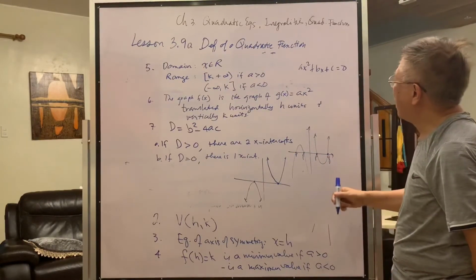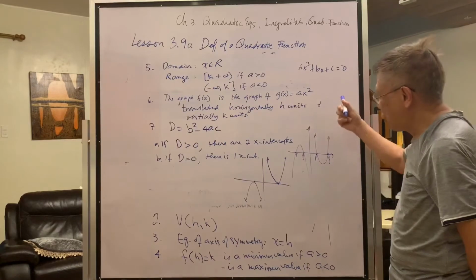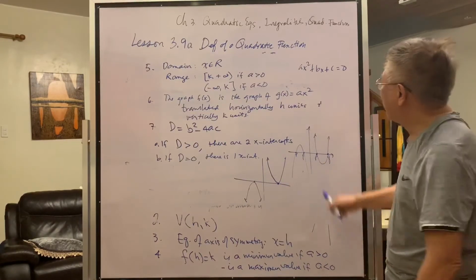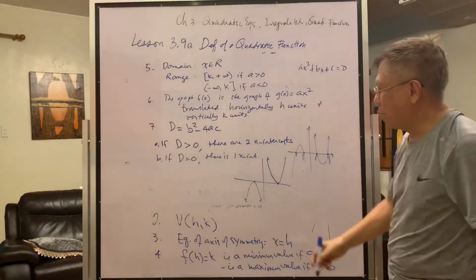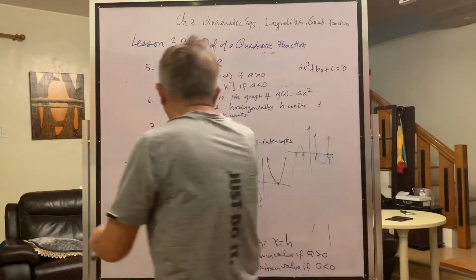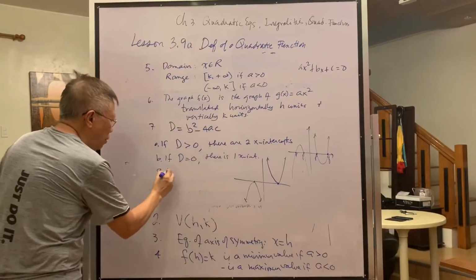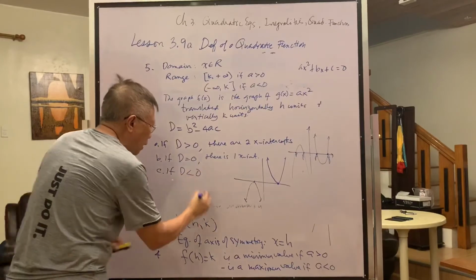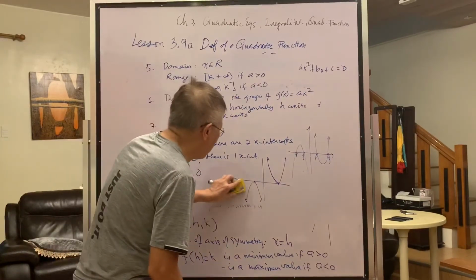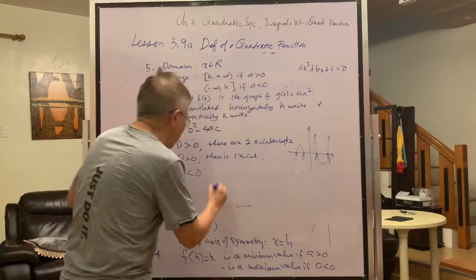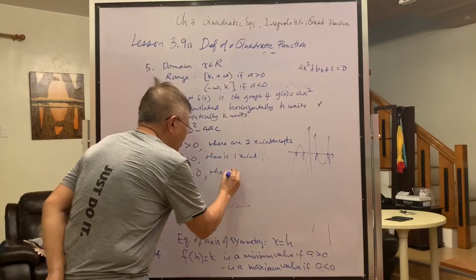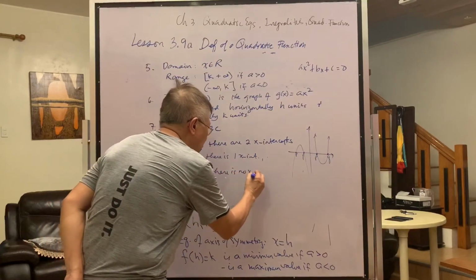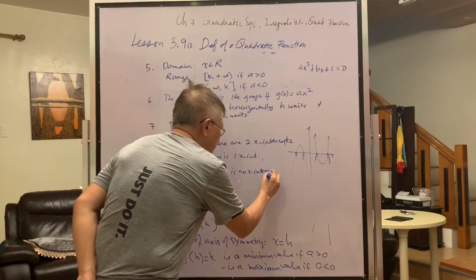So we are now talking about the roots of the related quadratic equation, but I'm concentrating on the discriminant. Suppose the discriminant is less than 0. If the discriminant is less than 0, then there is no real x-intercept.